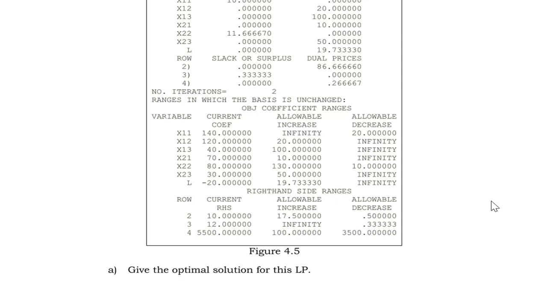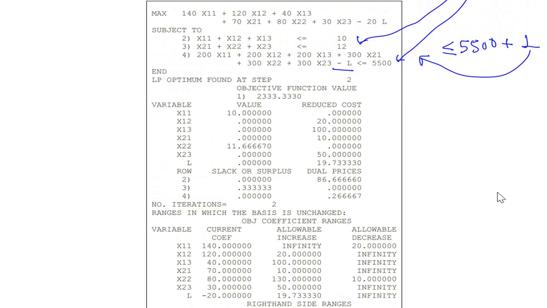So part A gives the optimal solution for this LP. Again, we can see the output here in figure 4.5. So the solution is here. The objective function, so the Z value is 2,000 ringgit and 333 ringgit. Okay, and the decision variables, the values are given here.